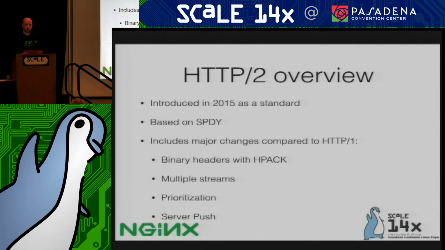The multiple streams of data allow you to put different requests inside the same TCP connection, and the different request data and response data are coming through that connection at the same time.